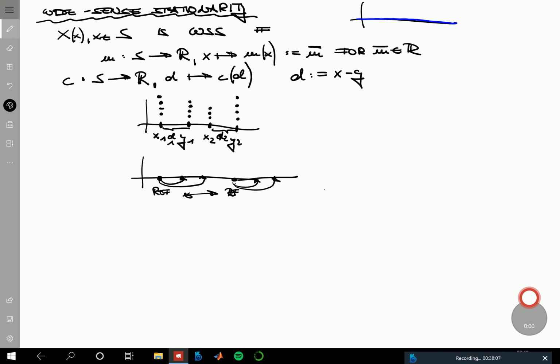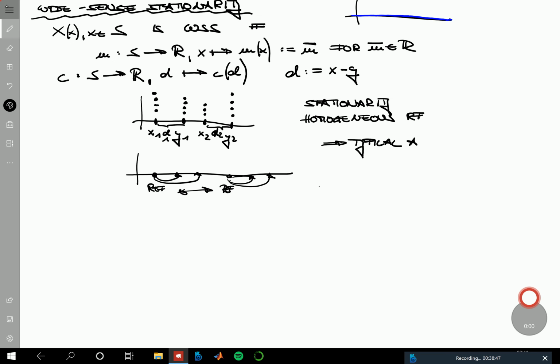Yeah, so this is wide sense stationarity, and if you have stationary random fields, they are also called homogeneous random fields. It's a typical assumption in the probabilistic theory about random fields.